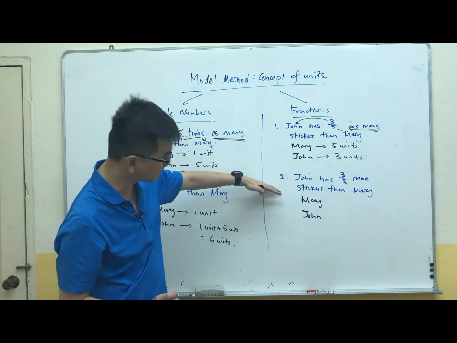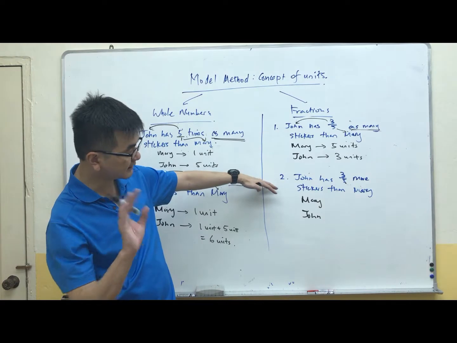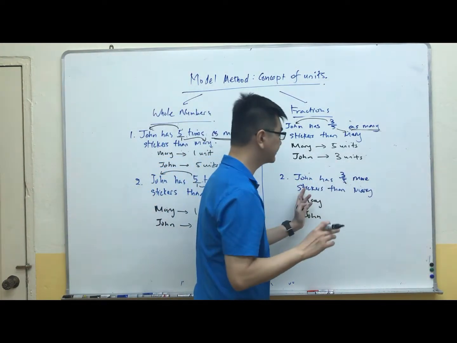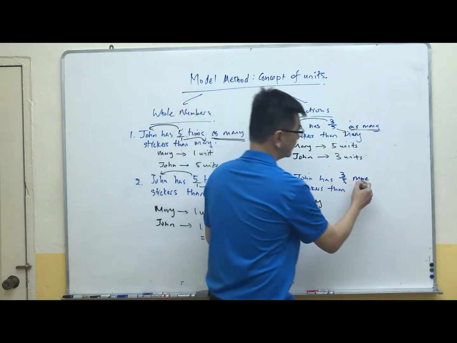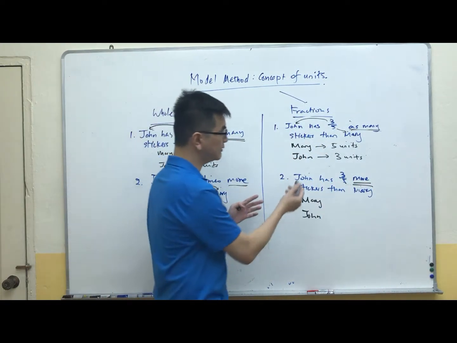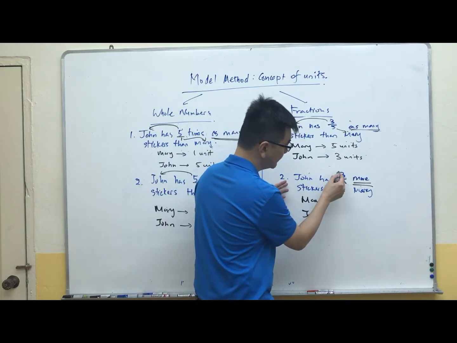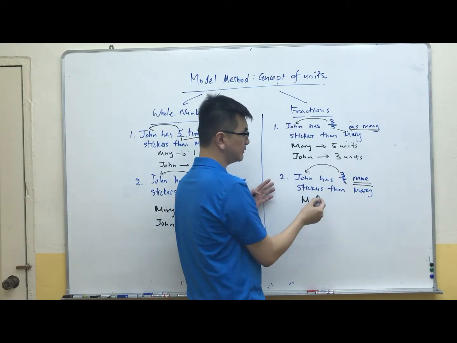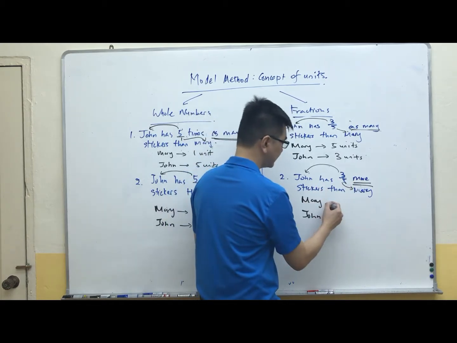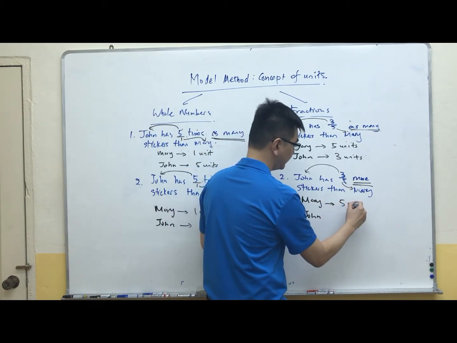In the second example, the phrasing is again slightly different. John has 3/5 more stickers than Mary. Notice the words "more than Mary". In this case, we do the same assignment: John has 3 units, Mary 5 units.